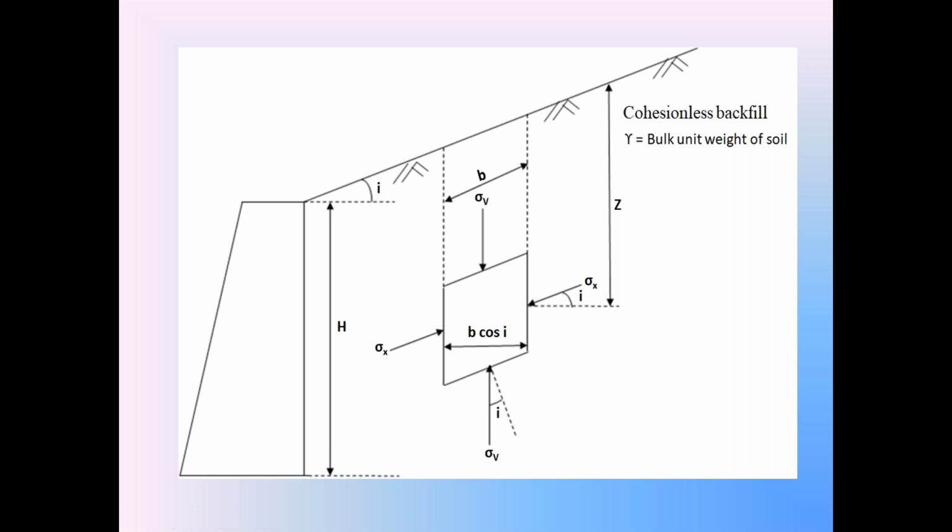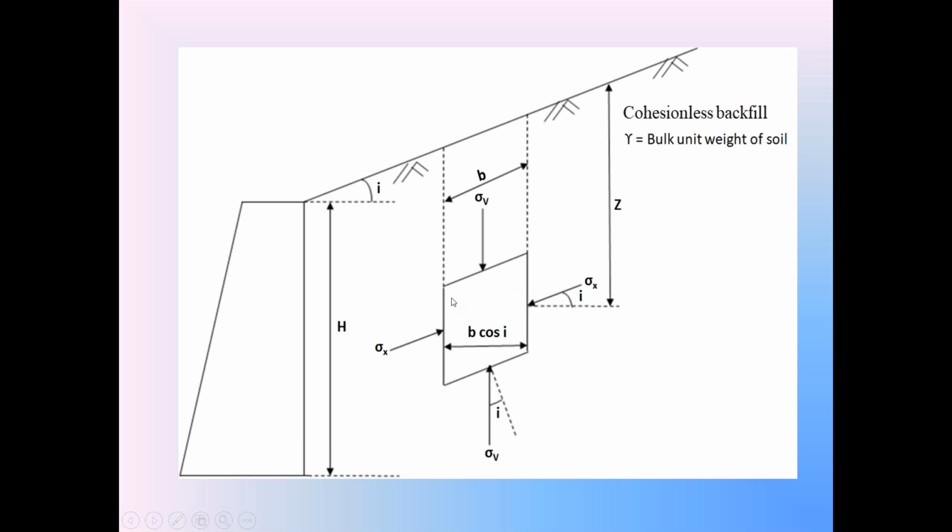So in this condition, the stress sigma v is not perpendicular to the top and bottom surfaces of the element, but the vertical stress sigma v is parallel to the other two sides of the element.